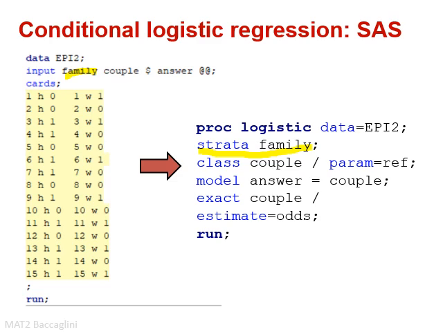Because we only have 15 pairs, we can also run some exact analysis. And you can see that the pair is not entered into the model. Answer is the outcome, and couple is the exposure, whether you're husband or wife.